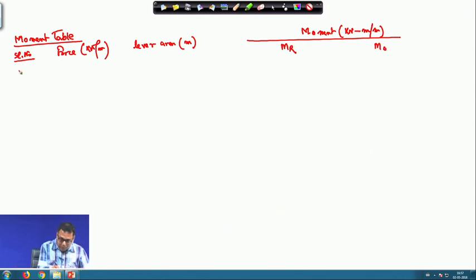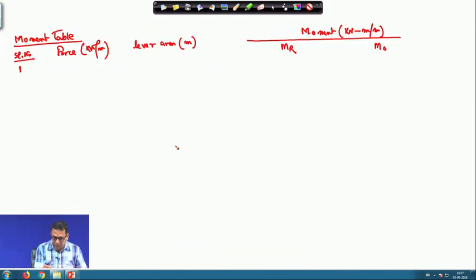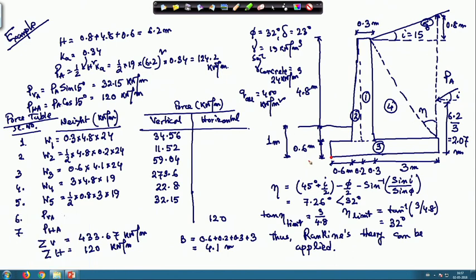Okay. So, the first force, that is serial number 1, which is 34.56, and it is a vertical force. So, I am writing V, meaning vertical. For the lever arm of the first force, we are taking all the moments about the toe.